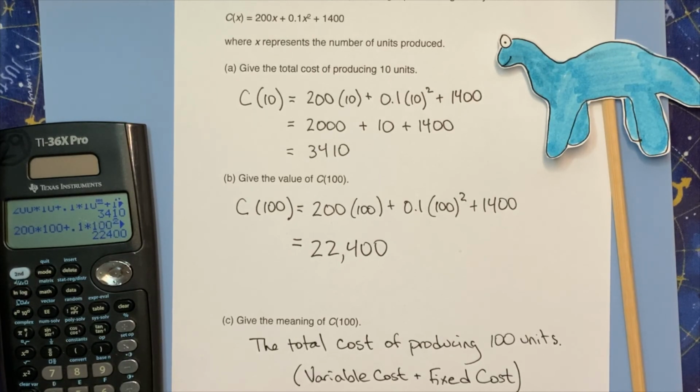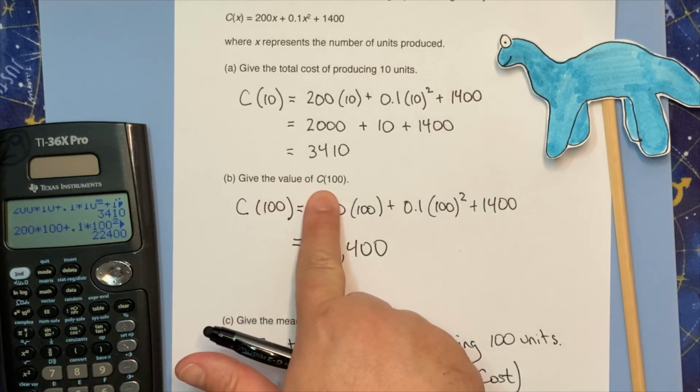And I'm realizing as I'm looking at this, I left one thing off. Depending on how you're entering this, if you're entering this online, I think it won't ask you to do this, but I realized I should finish this up. There's one thing missing. You may have noticed it. Give the value of C of 100.